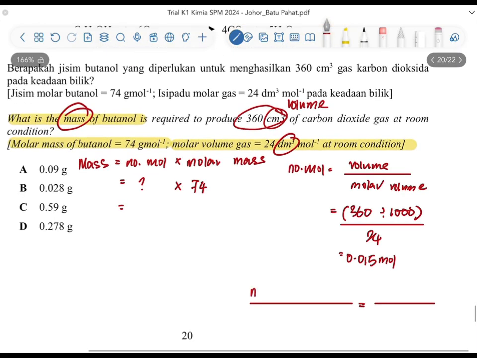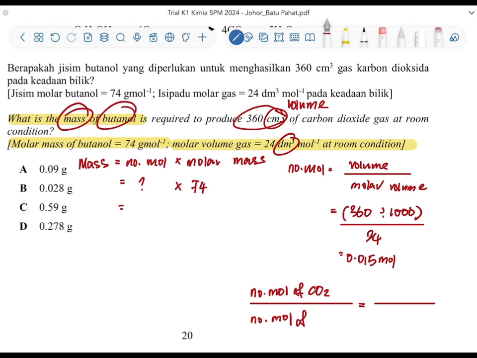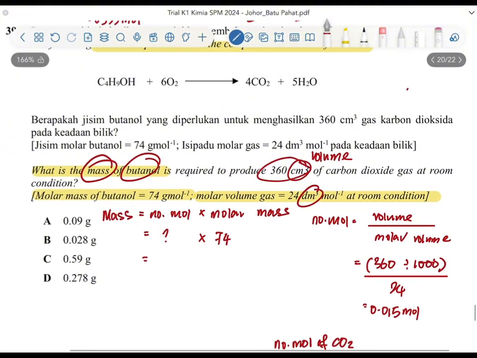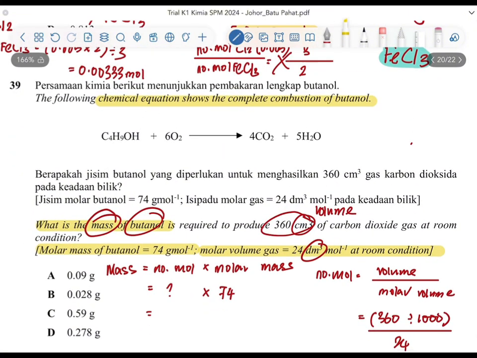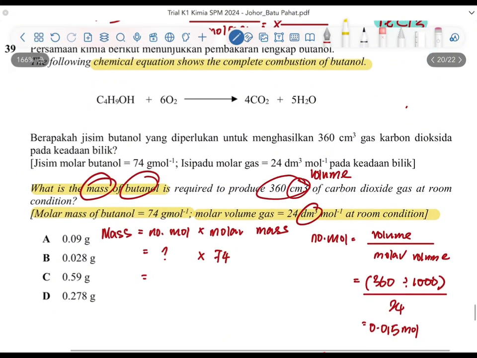Over here, we can put the number of mole of CO2 over number of mole of butanol, because this is what we want to know, which is C4H9OH. And then we need to refer to the balanced equation, where the stoichiometric coefficient for carbon dioxide is 4, and for the butanol is 1.